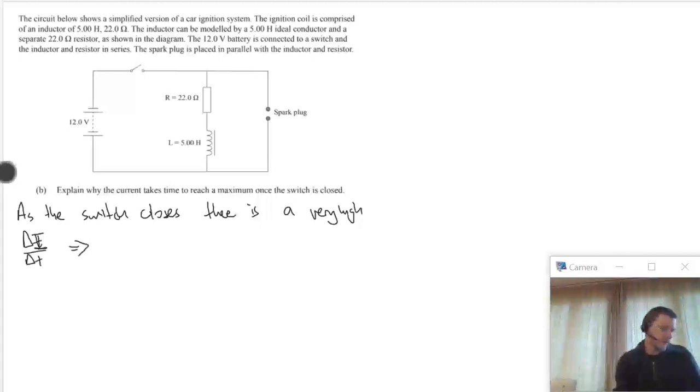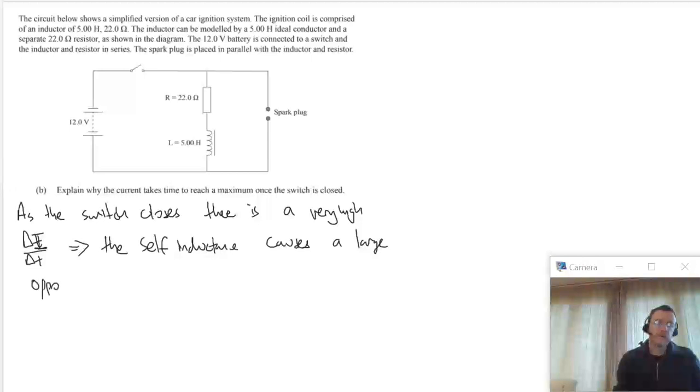Therefore, and you can use an equation if you like, therefore the self-inductance causes a large opposing EMF, also called a back EMF sometimes.